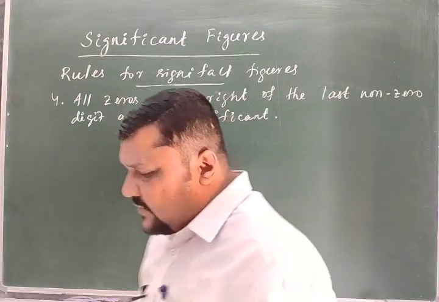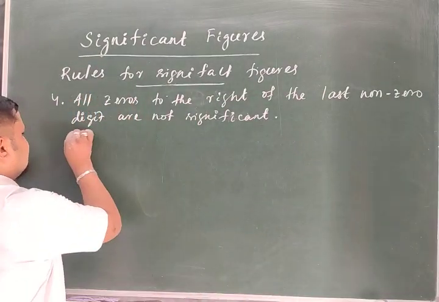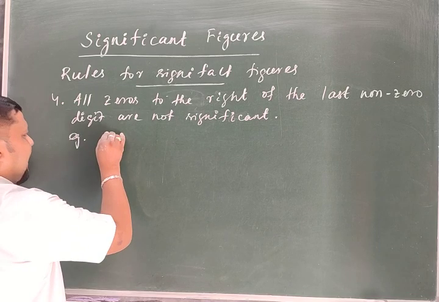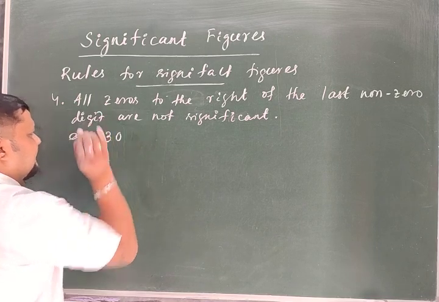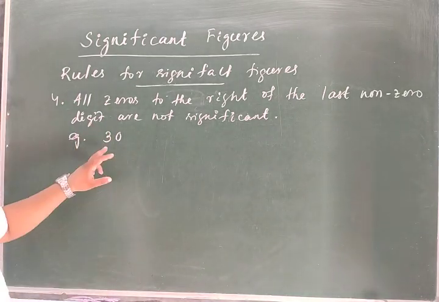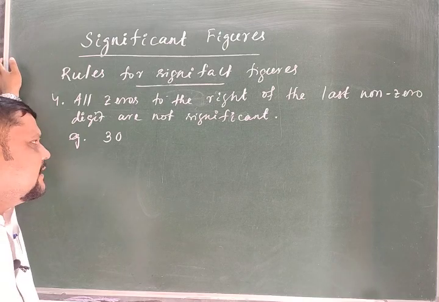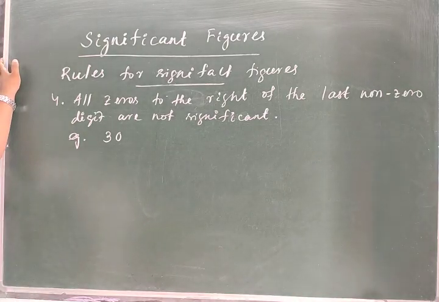Suppose I take an example: I have a measured value written as 30. Now I ask you, what is the significant figure?